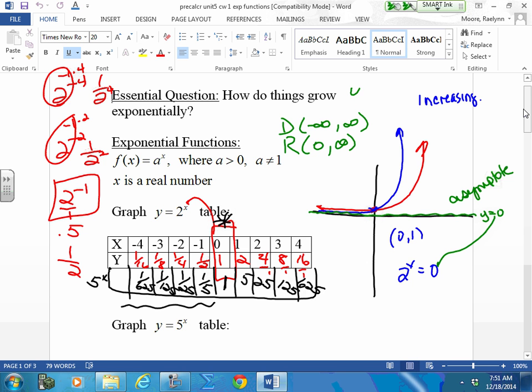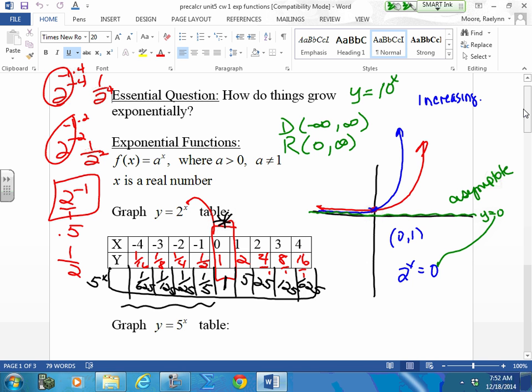So if I say graph 10 to the x power, what would you tell me the range will be? 0 to infinity. What will you tell me the domain is? All real numbers. What will the y-intercept be? When x is 0, what is y? 1.